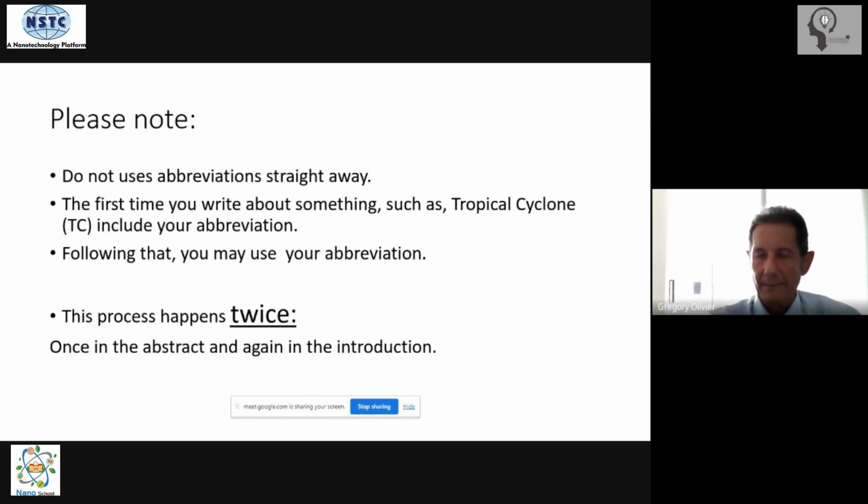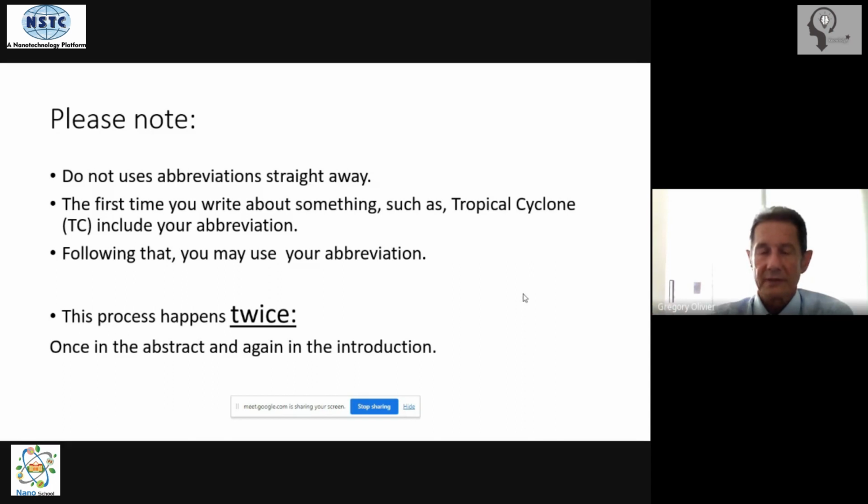The first time that you mention something that you wish to abbreviate, for example, tropical cyclone, okay, you write out the whole word or the whole name with your abbreviation. Following that, you may use your abbreviation. Therefore, in the abstract, the next time you refer to tropical cyclone, you would simply write TC in capitals.